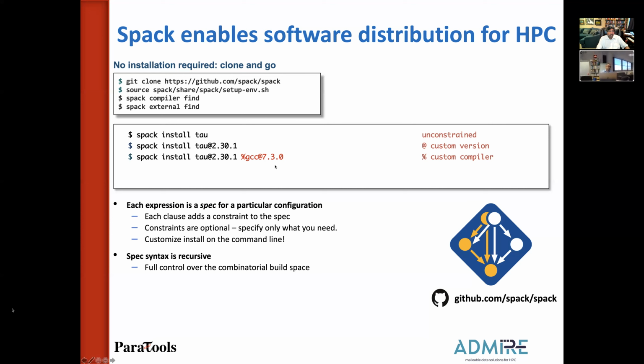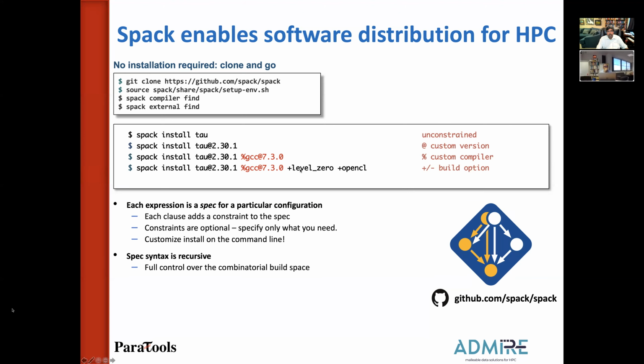In Europe, another package that's used for installing software is EasyBuild. So you can think of Spack as a peer to EasyBuild. Here, I can say spack install tau version this, and then specify variants in my recipe. So if I did a spack info on a package, I'll see all the variants.